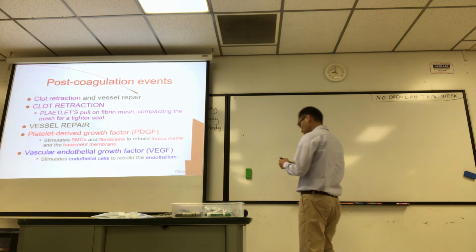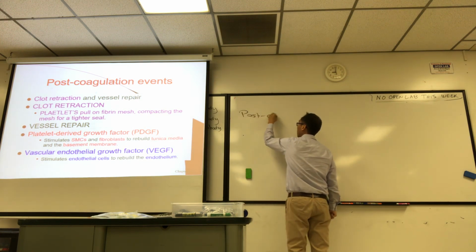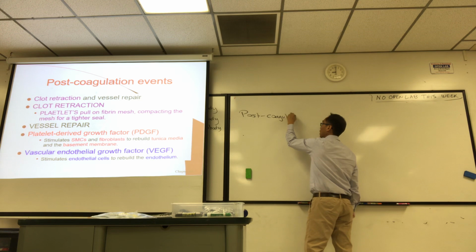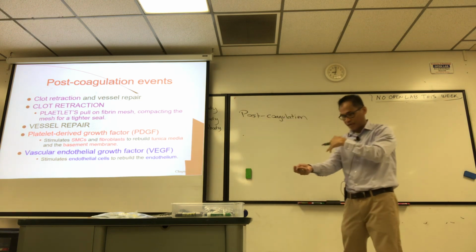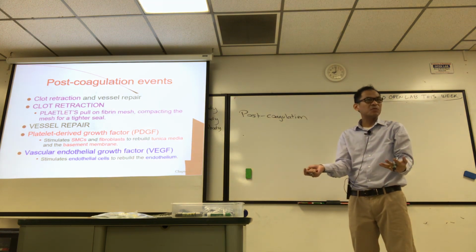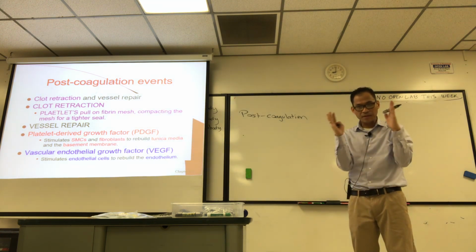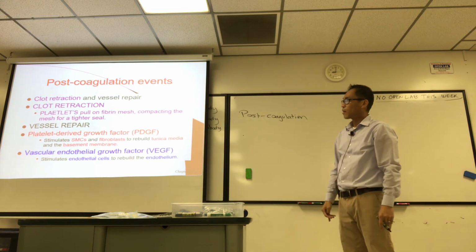Clot retraction. So this is like post-coagulation events. For example, if you have a gash and it's too big, you have to go and get stitches. What do stitches do? They just bring the tissues together so they can heal. So that's what's happening here in clot retraction.